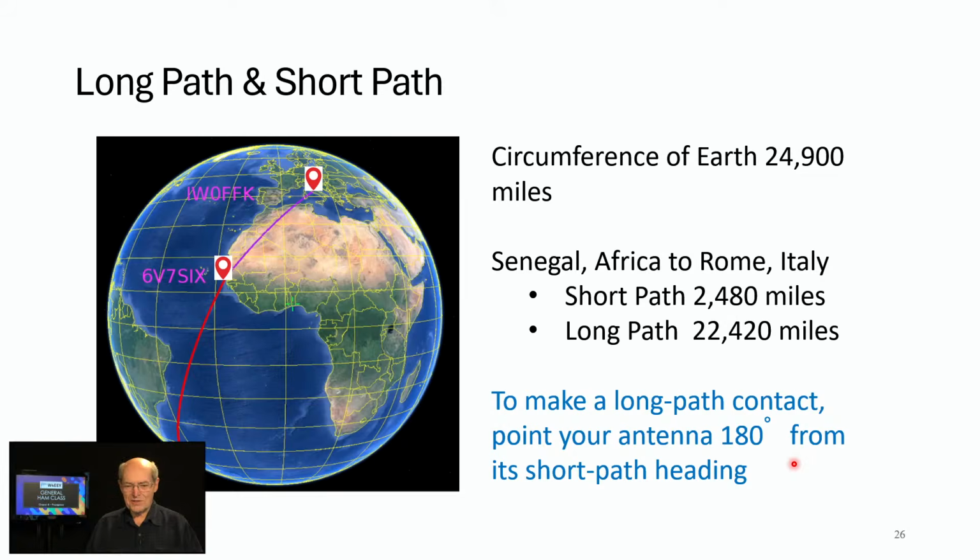And on a whim, I just turned my 4-element Yagi 180 degrees, called him, and he came right back. Yep. So it's a real thing. In some of the DX spotting sites where somebody was heard, sometimes you'll see an L next to the indication of that spot, meaning long path. So it's a real thing.